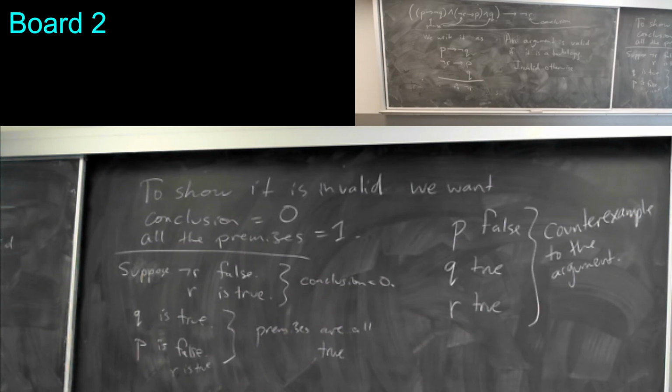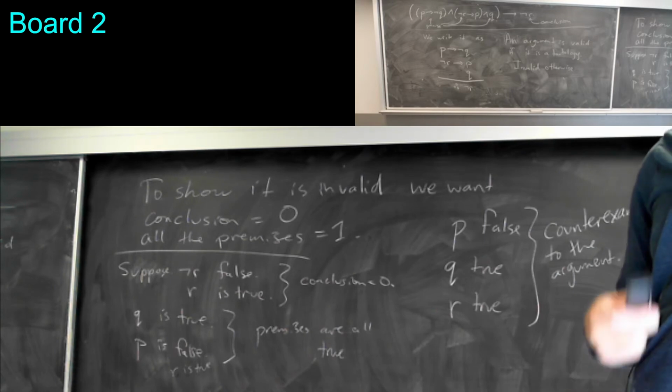Okay, so that's just one example of how to show something is not valid. It'd also be nice to be able to show things are valid, right? And to come up with valid arguments and to kind of verify them.